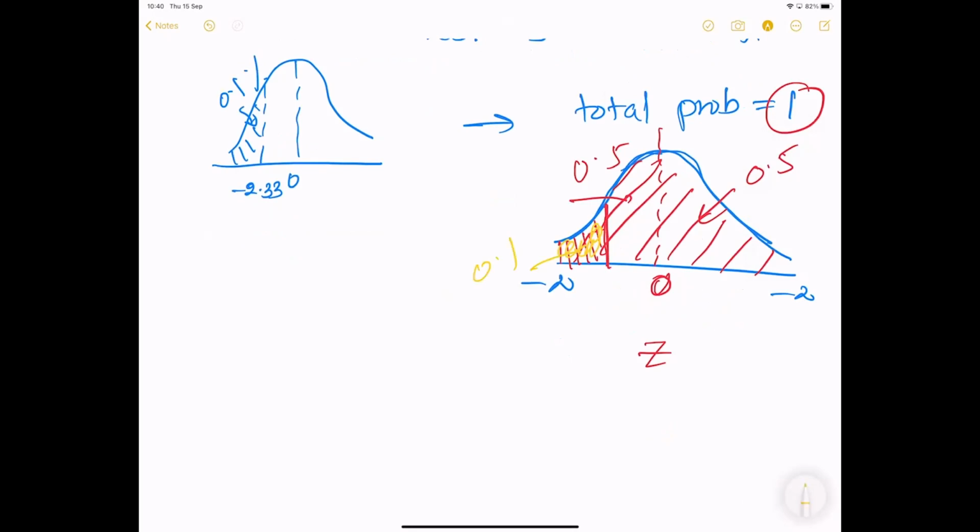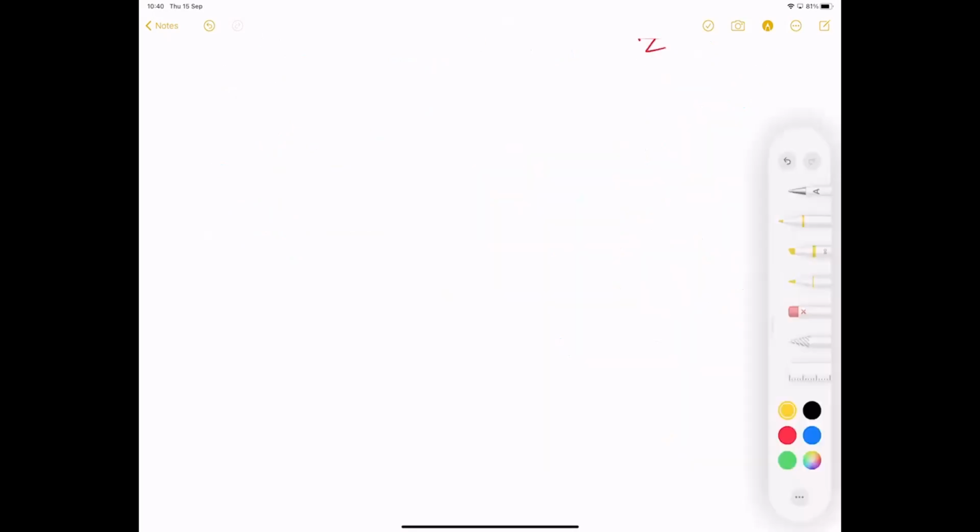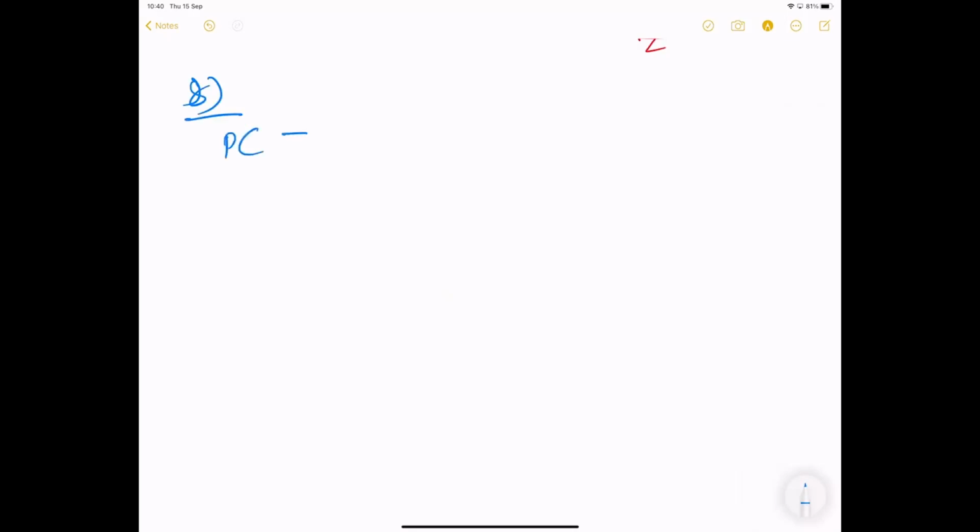So I will explain again with another question, question number 8. We can use the standard normal table directly to find the values. So P is it less than 2.36, right?